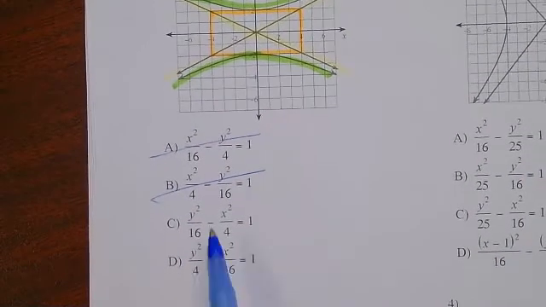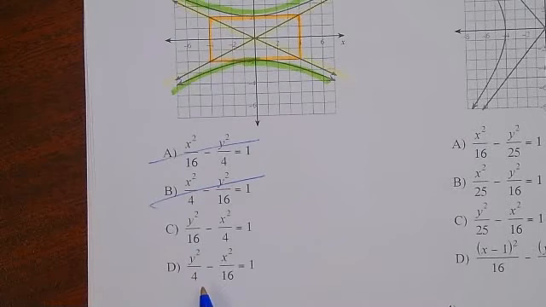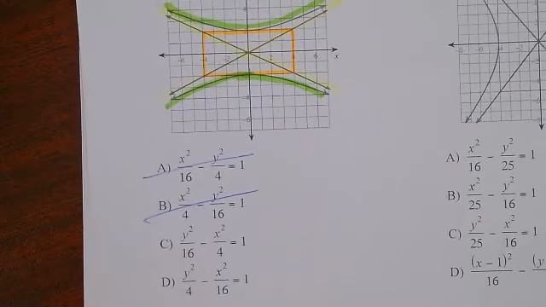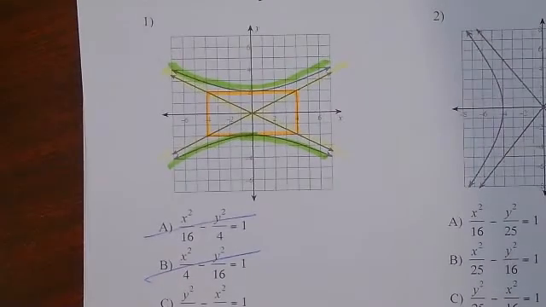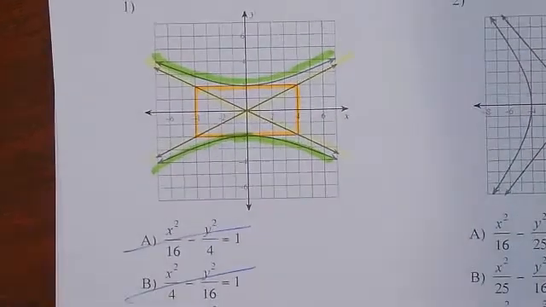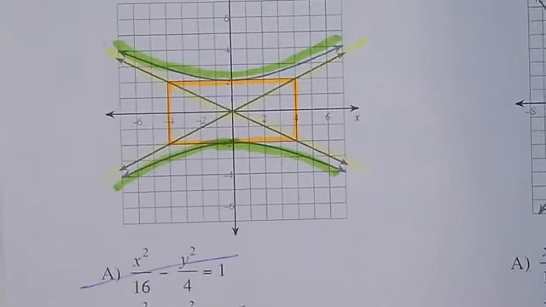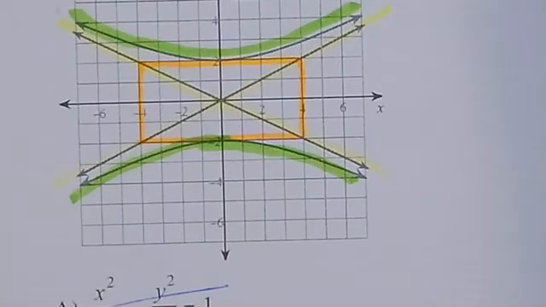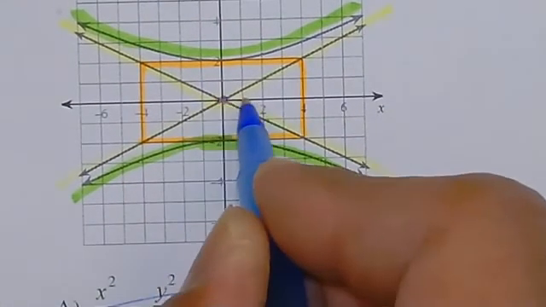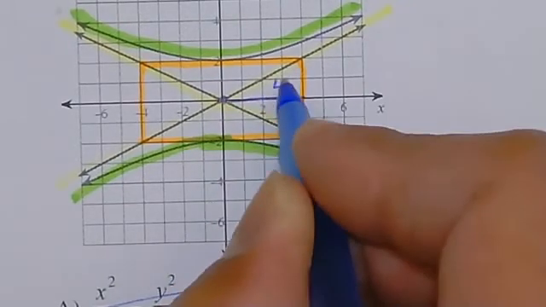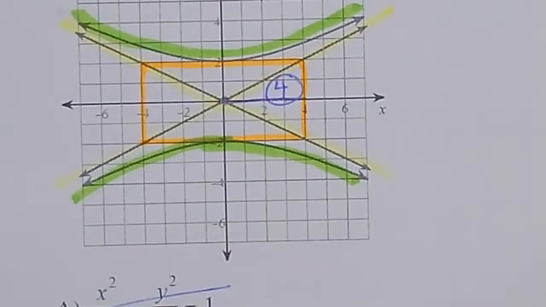So now, how do you know if it's C or D? The vertices? What do you mean by the vertices? Oh, wait, hold on. Well, let's see. From this center, how much did you go left? 4.